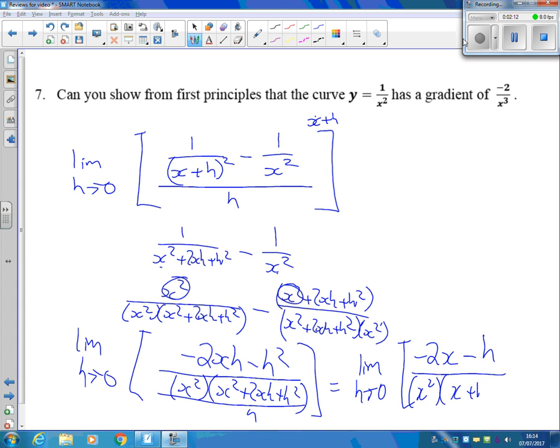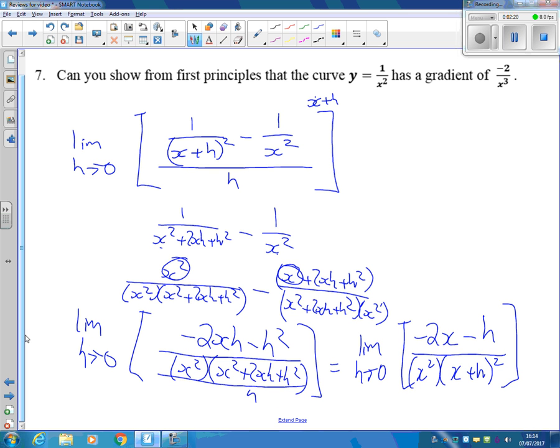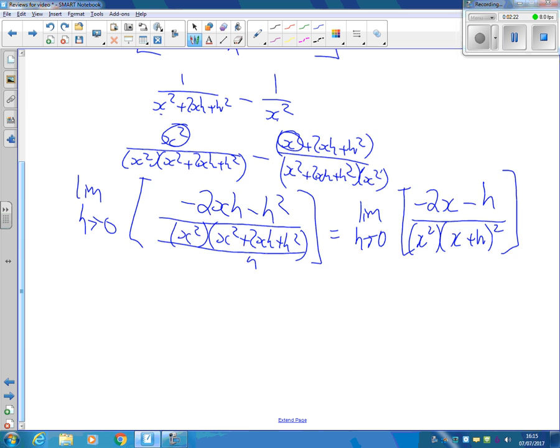Should we just write that as (x plus h) all squared now then? Now what happens as h tends to 0 for all of that? Well, as that gets closer to 0, that top bit there is going to be getting closer and closer to minus 2x. This thing here, the x squared, that's not going to change.